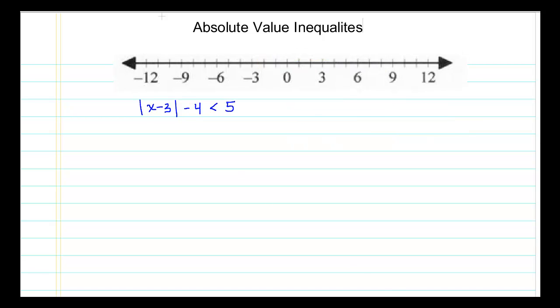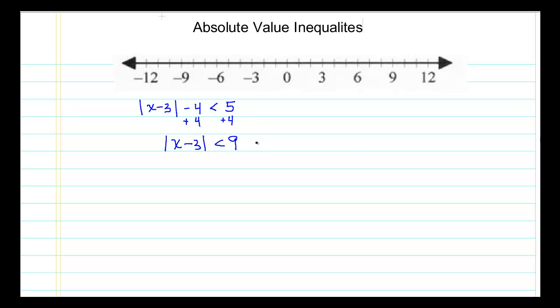Again, I've cleaned up the screen and put another problem on here. This time we have something added or subtracted to the absolute value. So on solving these types of inequalities, we always want to get the expression that's inside the absolute value by itself before we convert it to a compound inequality. So we're going to move this 4 to the other side by adding its opposite, and we get the absolute value of x minus 3 is less than 9.